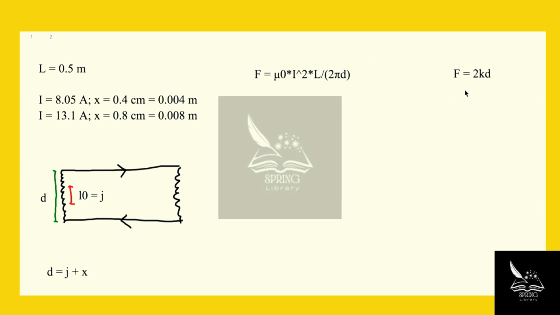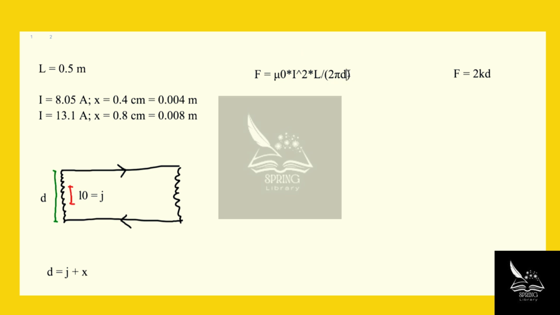Now the force from a spring in general is going to be K times d. This is the force of a spring with constant K stretching over a distance d. But we have two of these springs acting on each rod, so I'm going to multiply that by 2. So 2kd is the force pulling these two rods together, and this is the magnetic force pushing them apart.